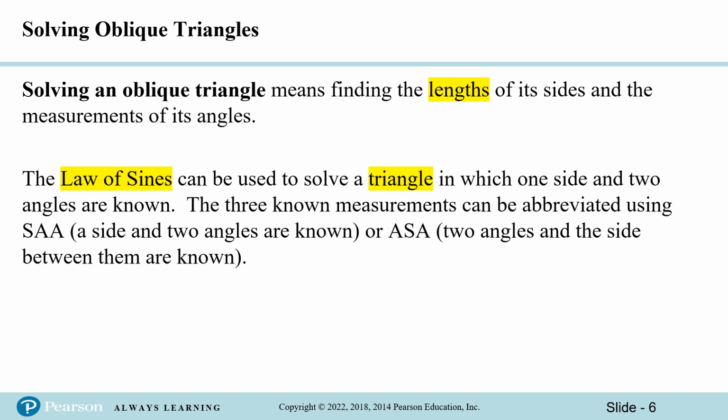Basically, when we know one side and 2 angles, it doesn't matter whether the side is between the angles, like it is here, or not. That doesn't matter. But if you know 2 angles and a side, you can use the law of sines. Okay? 2 angles and a side.